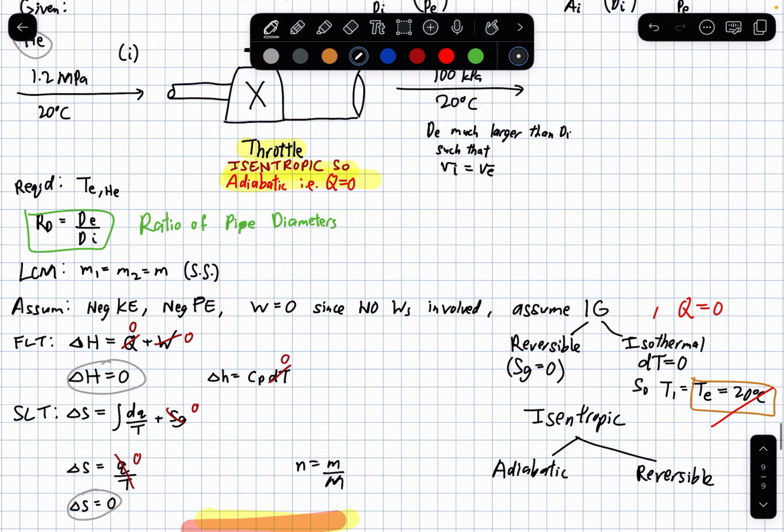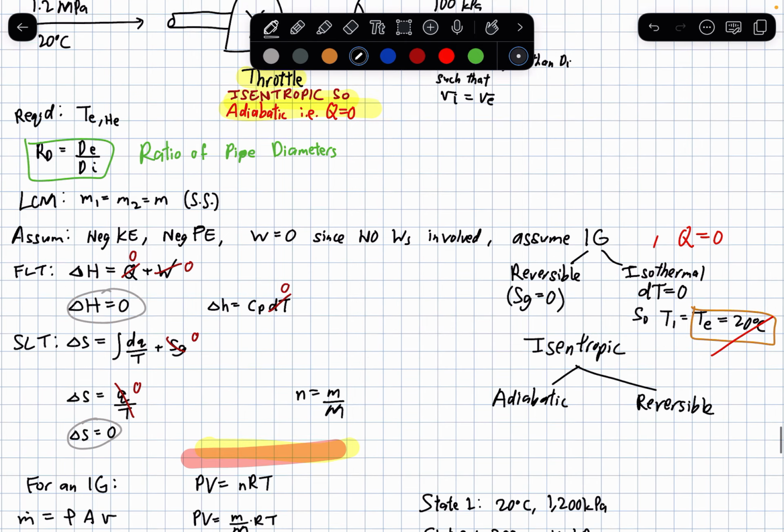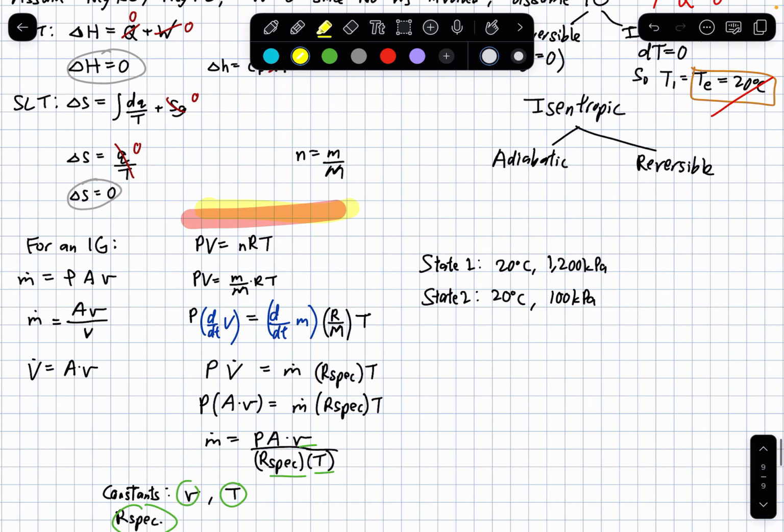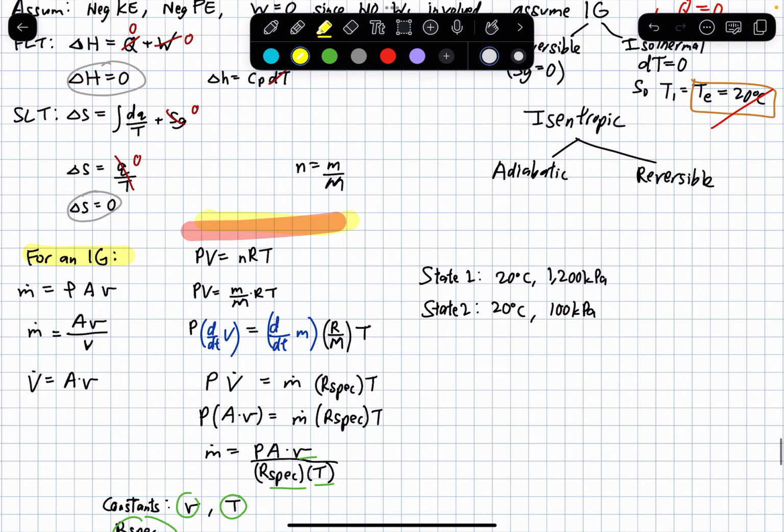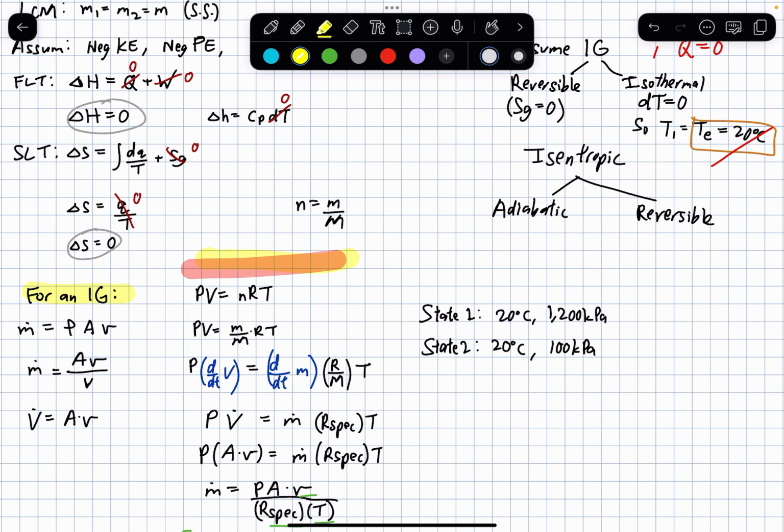I think this is our first time not using the steam table, so our solution is pretty different, no? Since we're not using the steam table, we assume that the gas is ideal, and so we whip out these formulas: PV equals nRT.